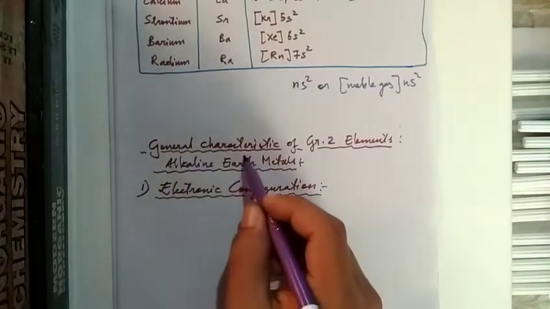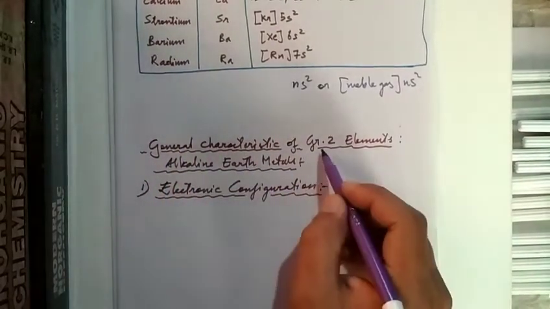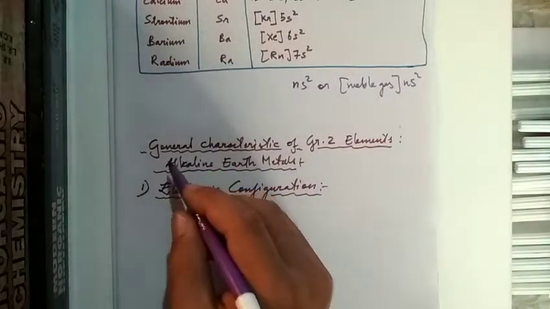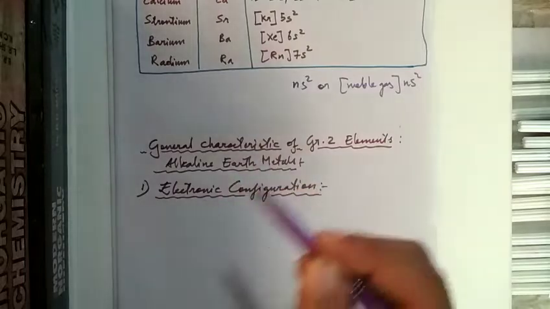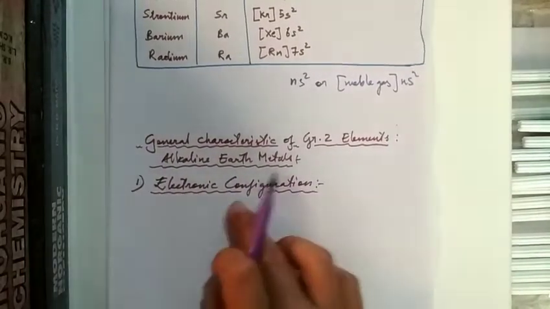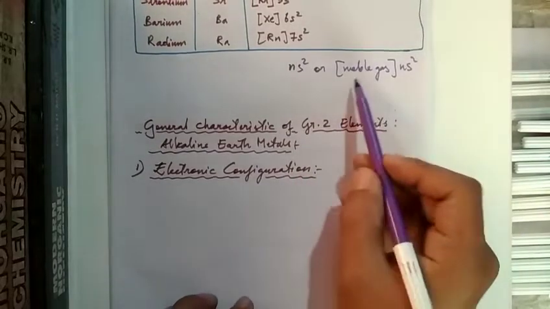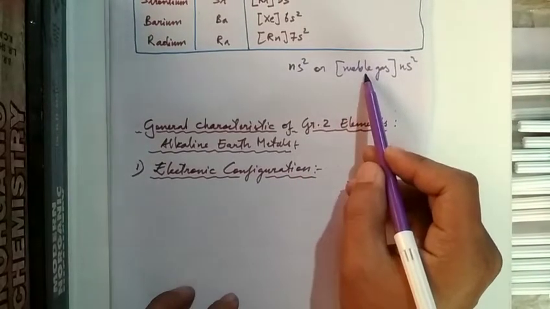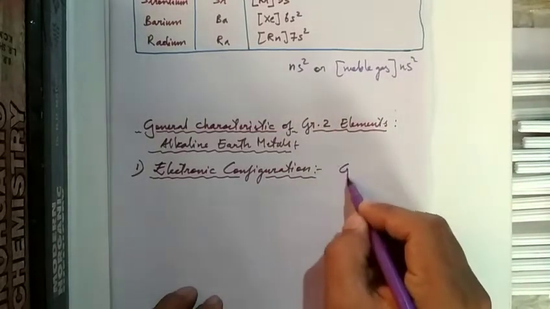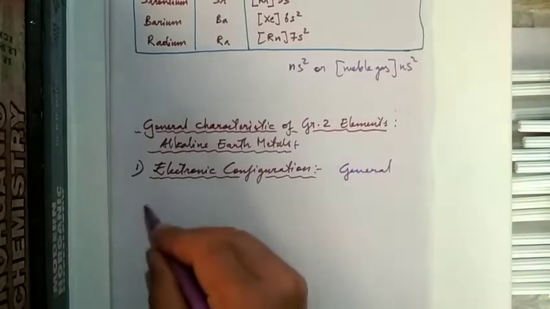Now let's come to the general characteristics of group 2 elements or alkaline earth metals, or we can say general traits. The first one is electronic configuration. I have already given it here: noble gas, ns2.